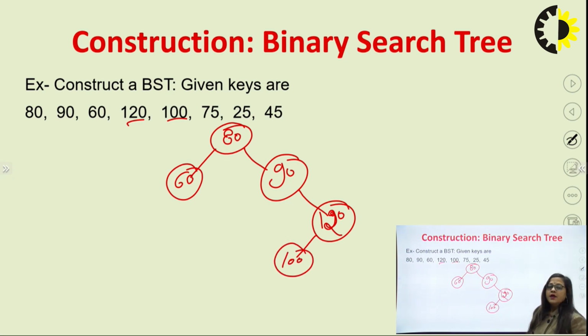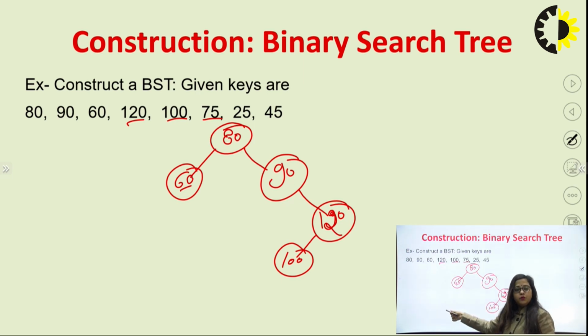Next number is 75. 75 is less than 80, so move to the left direction. Then 75 is greater than 60, so it moves to the right of 60.